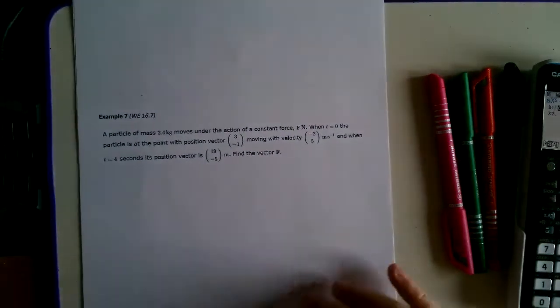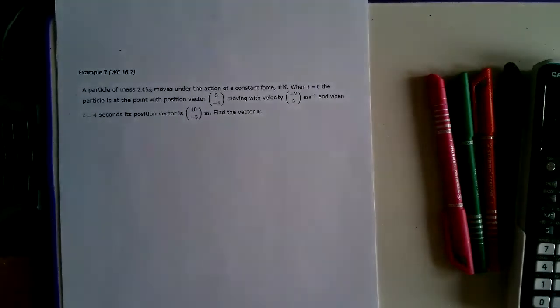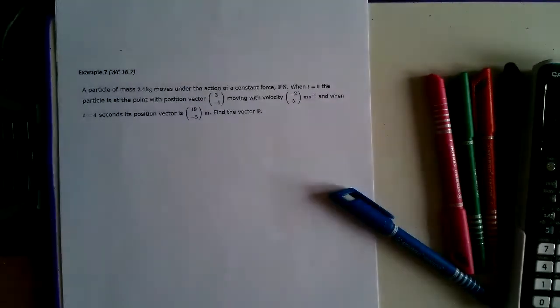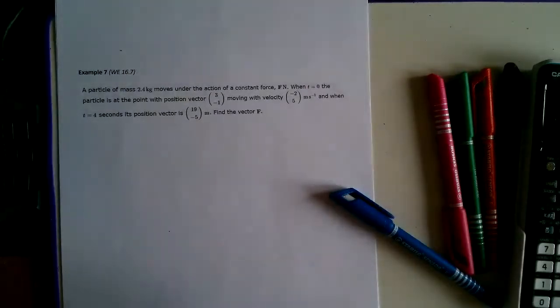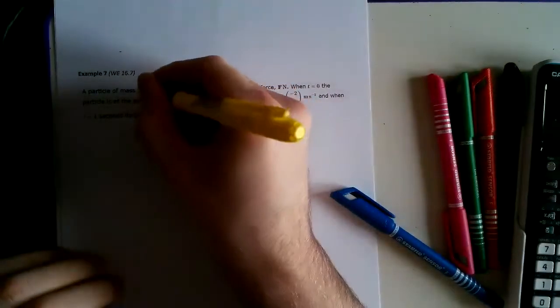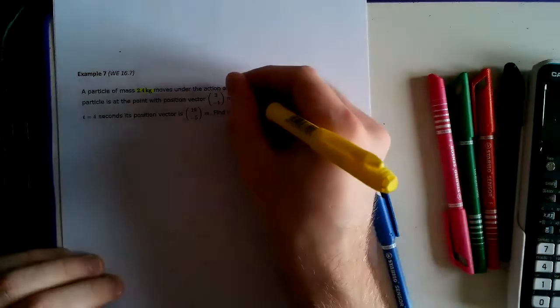So one more. If I was you, I'd be doing an exam. I'll be highlighting all the key bits. So a particle of mass 2.4 kilograms moves under the action of a constant force.